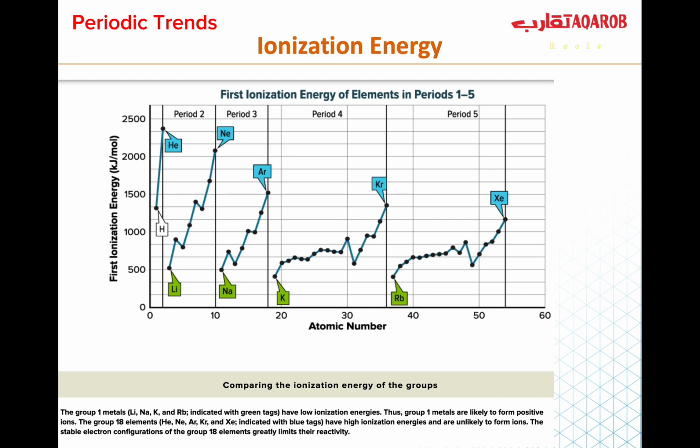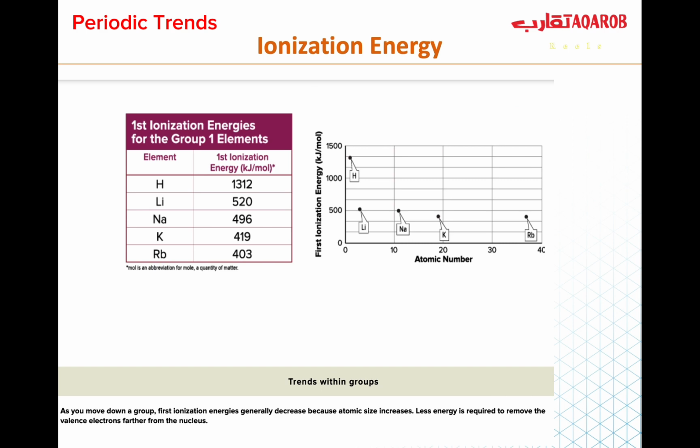Okay, they are inactive. As you move down a group, the first ionization energies generally decrease because atomic size increases. Less energy is required to remove the valence electrons further from the nucleus. So as you move down a group, the first ionization energies generally decrease.